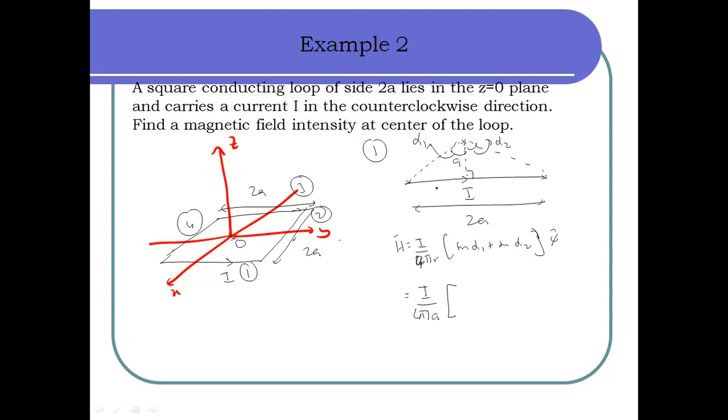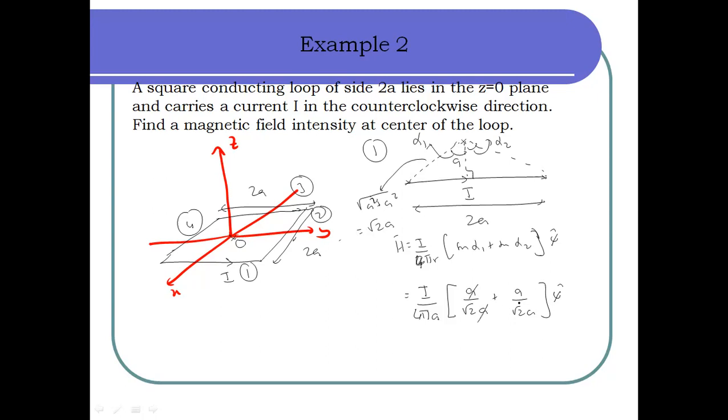Sine alpha 1 will be A divided by the square root of A squared plus A squared, which gives the hypotenuse length, square root of 2 times A. So sine of alpha 1 equals A divided by square root 2 of A, and similarly sine of alpha 2 gives the same form, A divided by square root 2 of A, in the direction of phi.